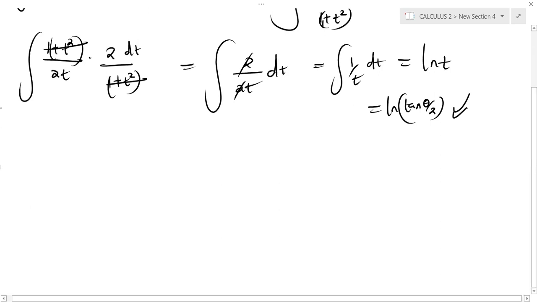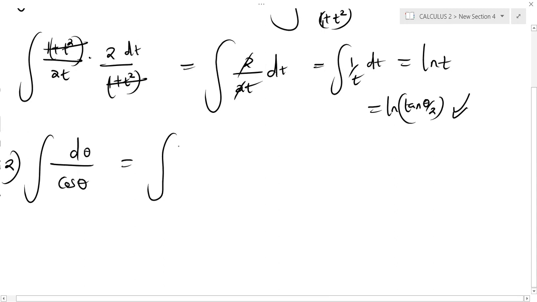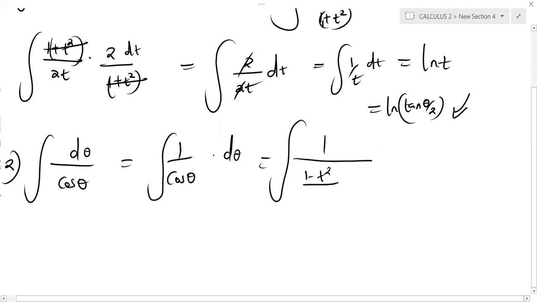Let's take up another example. Let's say you're given a question like this: the integral of d theta over cos theta. Now this is 1 over cos theta multiplied by d theta. Using the substitution t is equal to tan theta over 2, we will have cos theta in terms of t as 1 minus t squared, all this divided by 1 plus t squared.